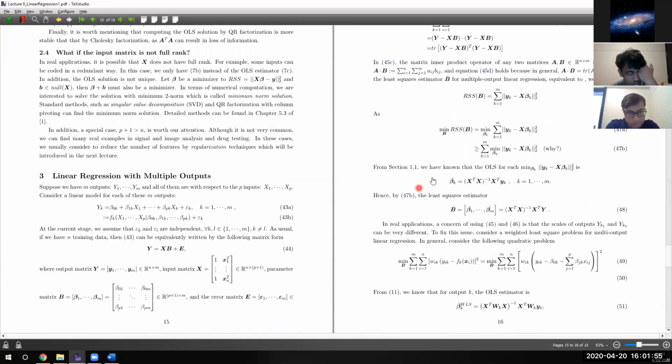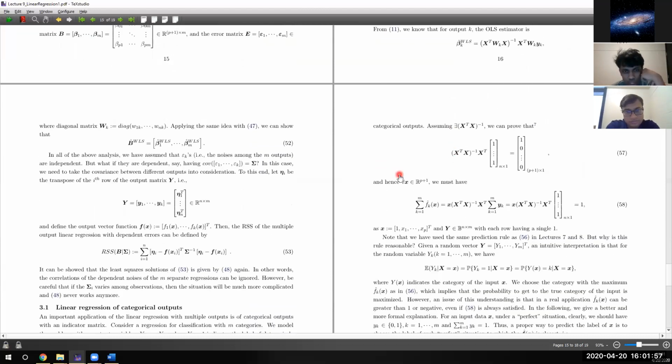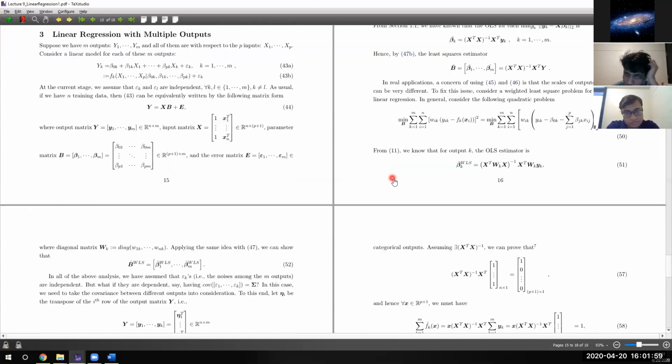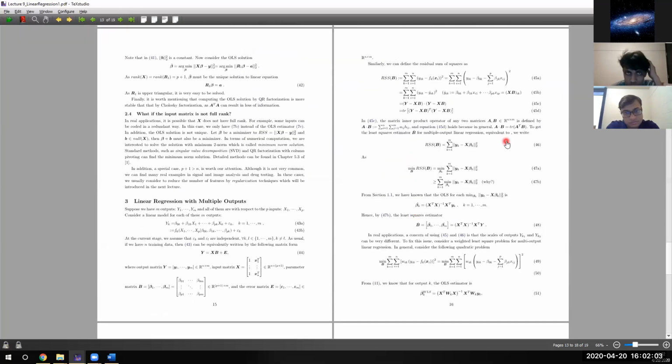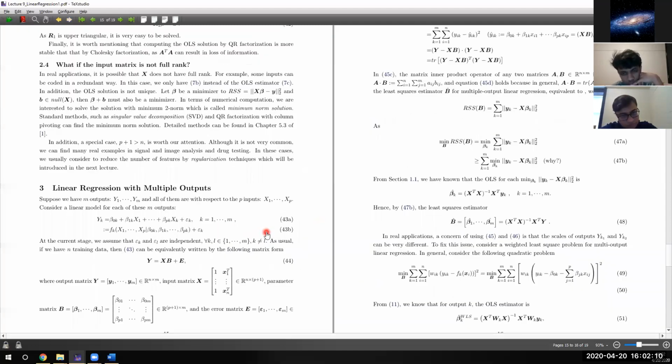Later we're going to assume, for example, that this epsilon follows a normal distribution, and then something interesting will happen. The notation is this: my E is the epsilons.